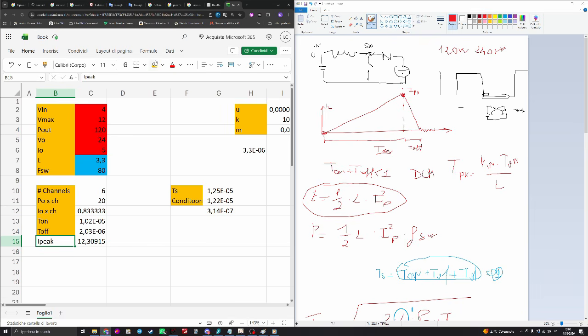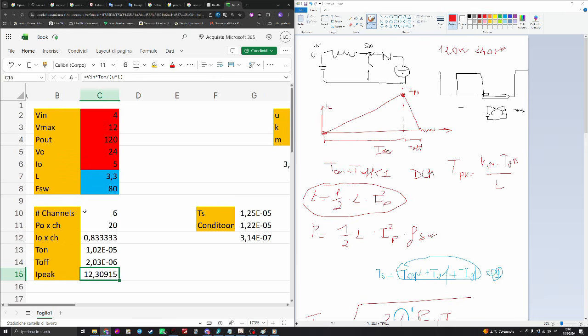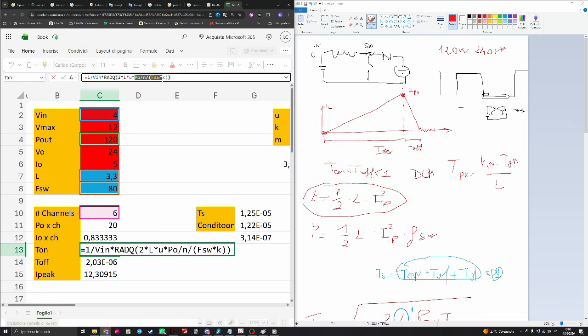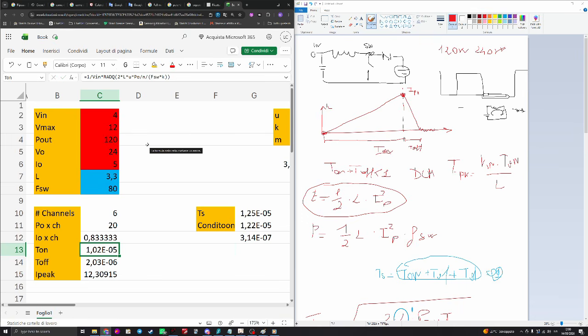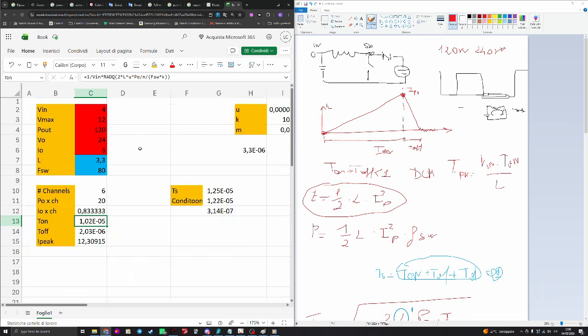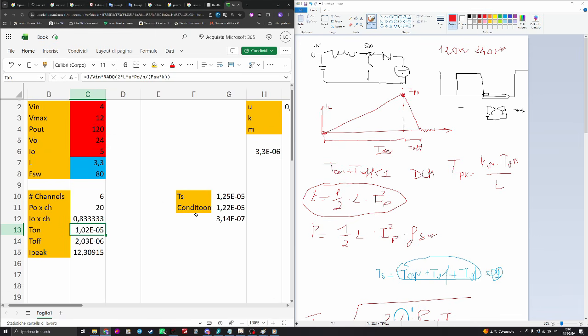Yeah, this is a reasonable peak. And of course, no, but you're not using the power. I'm using the power because everything is inside T on. In T on, you see there is PO over N, the switching frequency, L, there is everything. The input voltage, everything. Okay? So everything is in here.